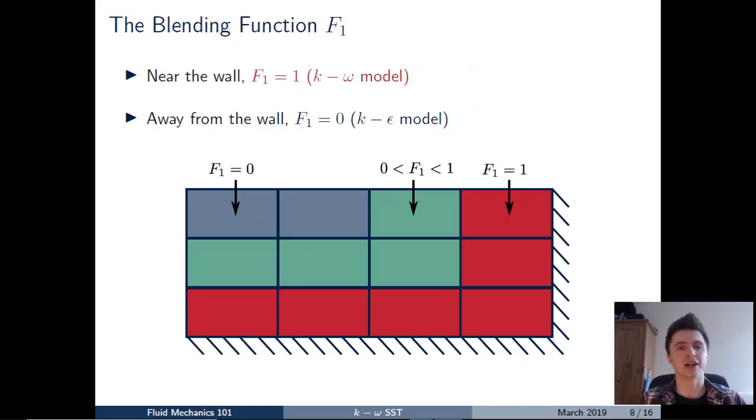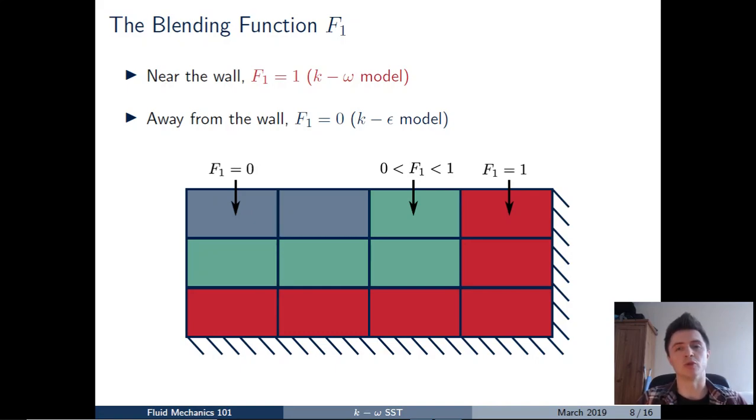Before proceeding, I've put on the slide a little diagram to help you understand what this blending function F1 is doing. This is just a section of the mesh near the wall, and what we'd like is for F1 to take a value of 1 for the cells that are really close to the wall, highlighted in red there. For our cells far away from the wall, we'd like F1 to take a value of 0.